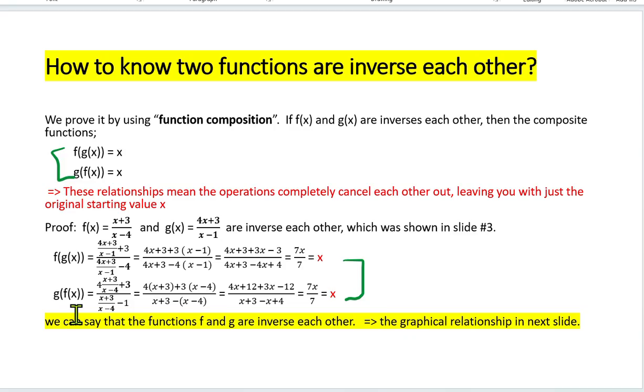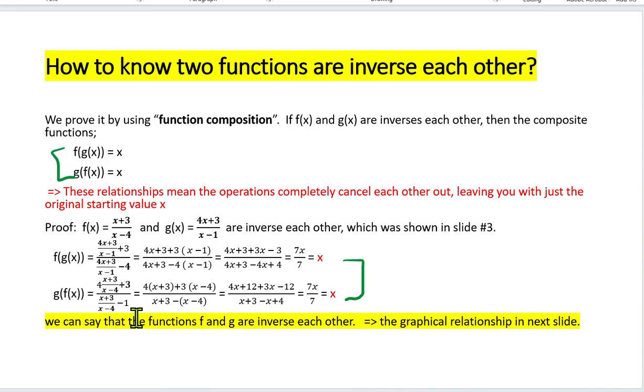Then we do the same for g of f of x. The g function is 4x plus 3 over x minus 1. Now in each x, we plug in the original function f of x. So in the numerator of the inverse function, we put 4 times x plus 3 over x minus 4, and plus 3.